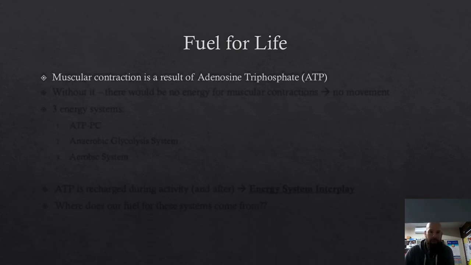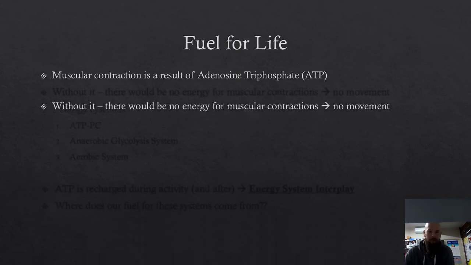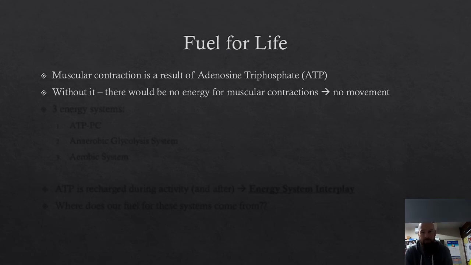So the very, very basic fuel that we need is ATP. All muscular contractions that happen within the body are a result of this ATP being present within the muscles. If we don't have it, then we don't have the energy for muscular contraction, which means that we don't end up moving. We would just effectively be dead.